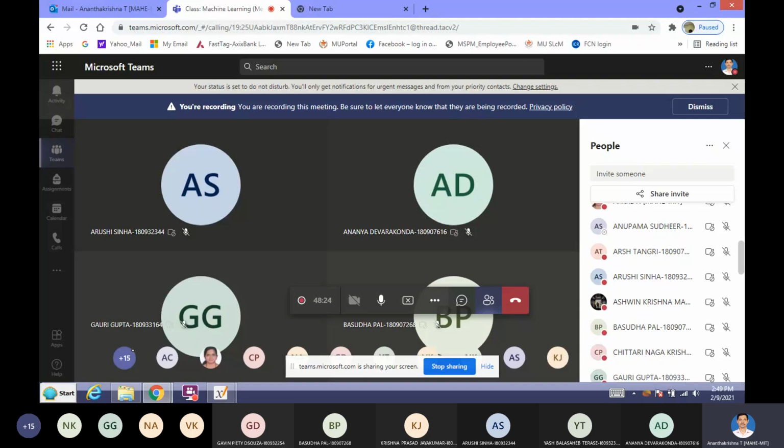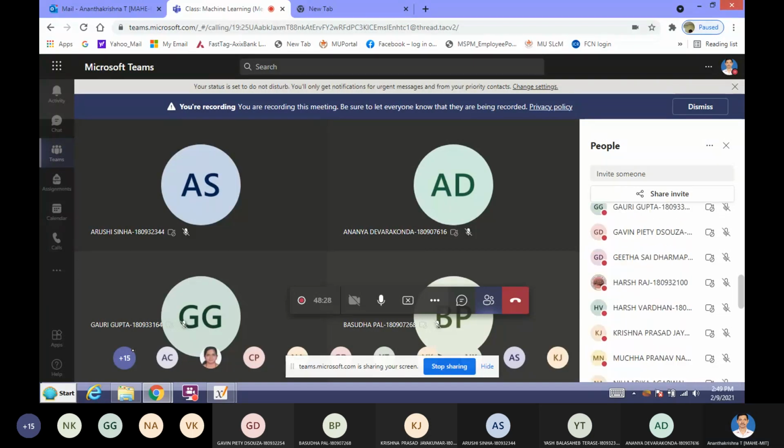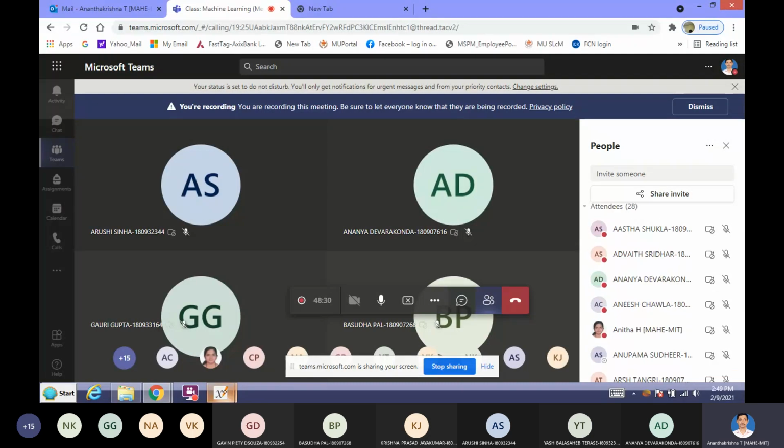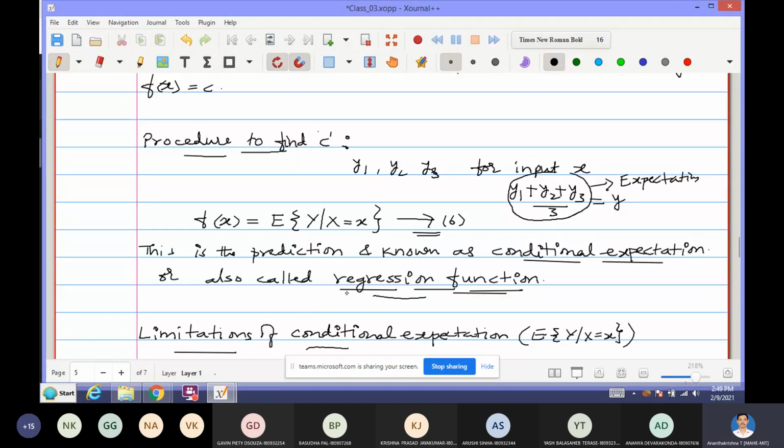No, right? Fine. So we have come out with this equation 6 representing the regression function.